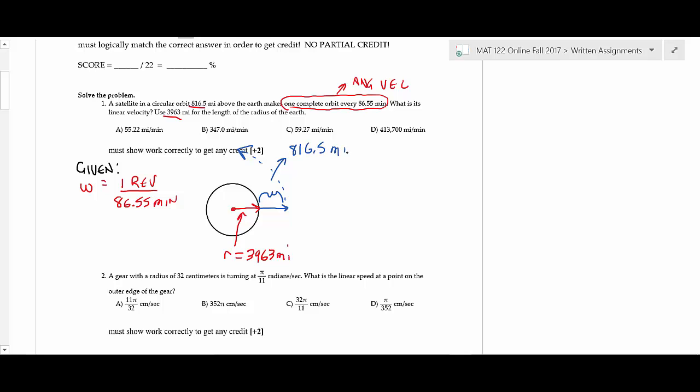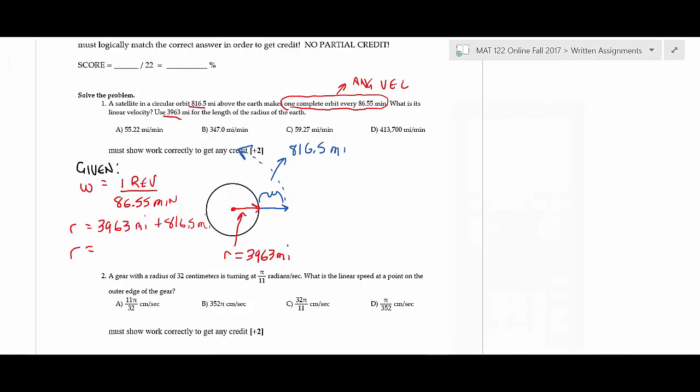So the radius we're going to use in our computation is these two things added together: 3,963 miles plus 816.5 miles.